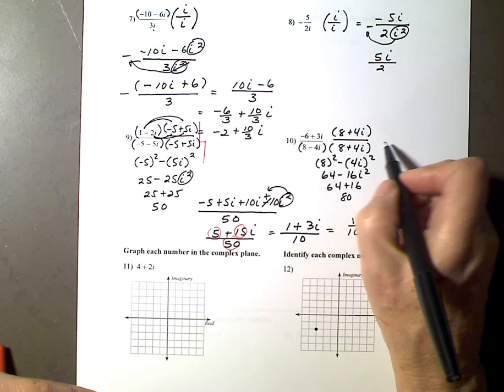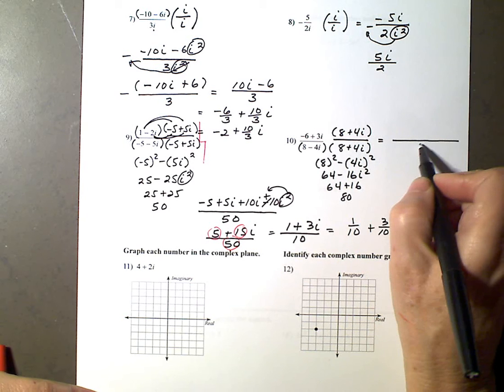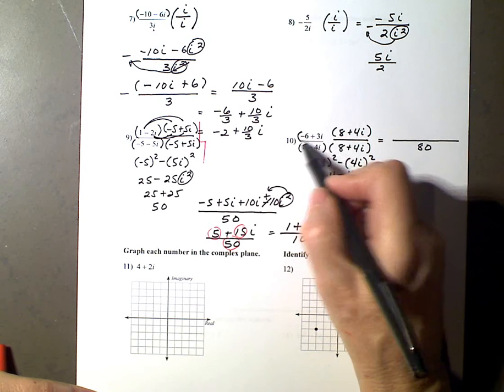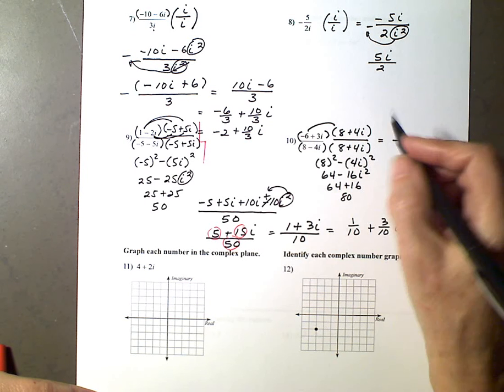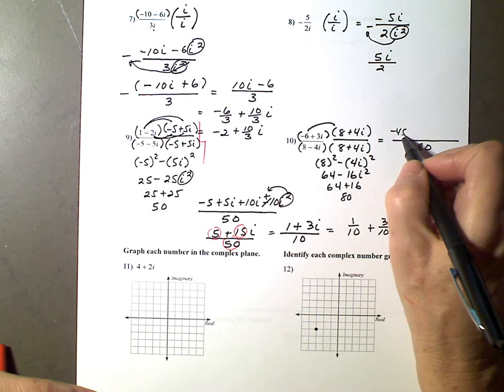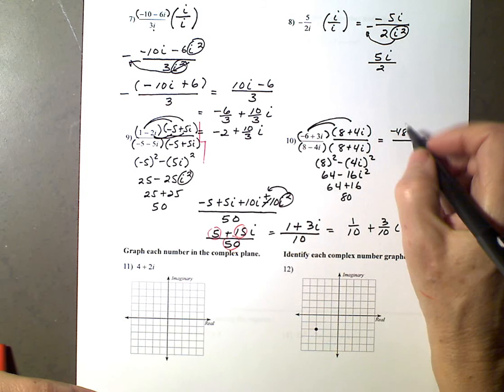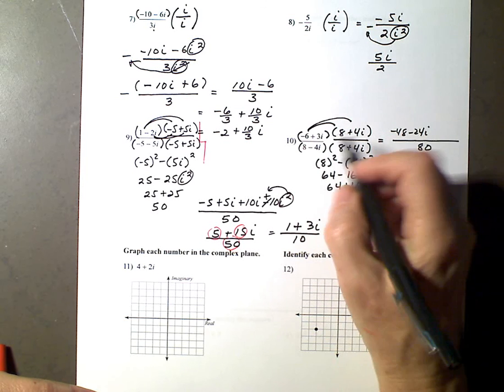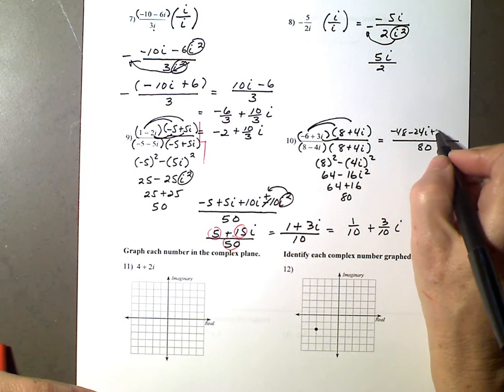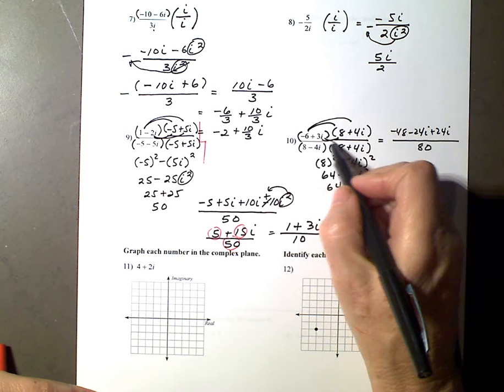So denominator is 80. The numerator, we get a negative 48 minus 24i plus 24i plus 12i squared.